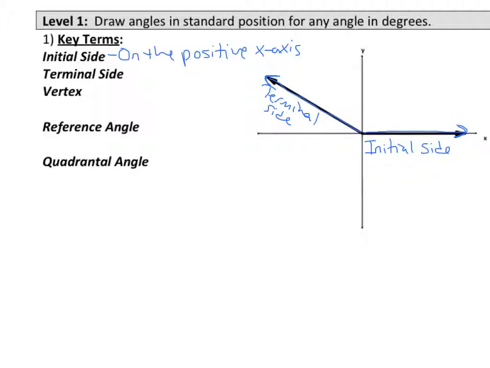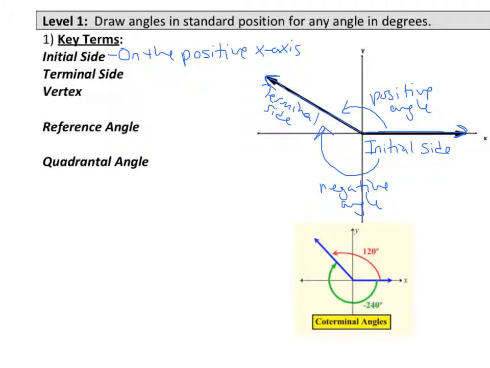If the terminal side of the angle is formed by rotating in the counterclockwise direction, or going up from the initial side, that's going to be a positive angle. If the terminal side is measured by swinging down, it would be a negative angle. So here's an example of that.